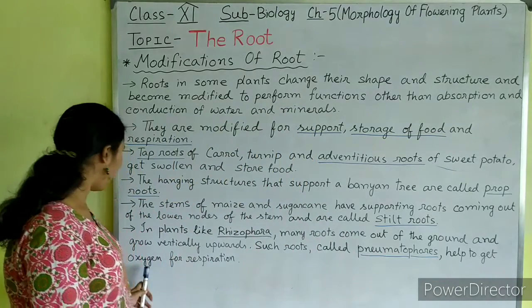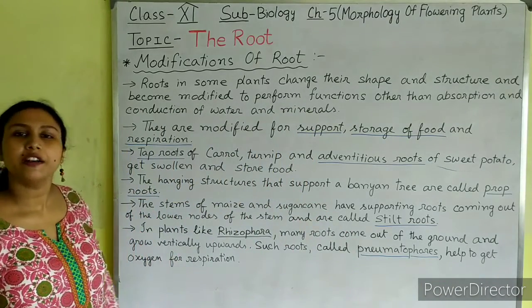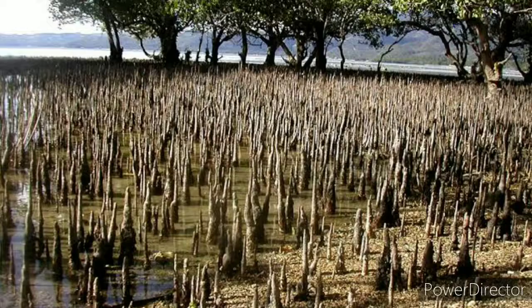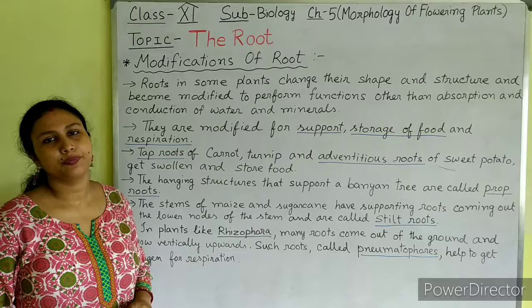They help to get oxygen for respiration. So in case of Rhizophora, which grows in swampy areas, many roots come out of the ground and grow vertically upwards. Such roots called pneumatophores help to get oxygen for respiration.